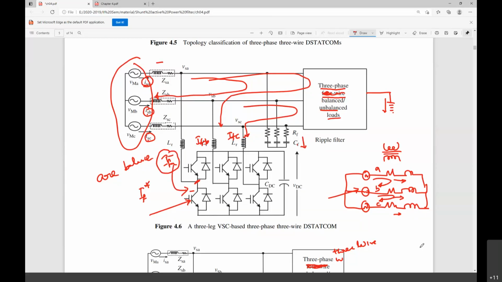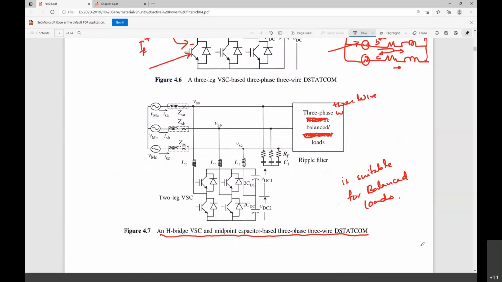The point which I want to say is, when there are circulating currents in the case of unbalanced loads, if there is any unbalanced component of the current, it may flow in the C phase. In that case, the capacitors connected over here are going to have unequal voltages.